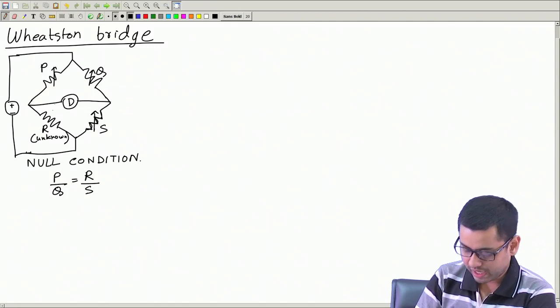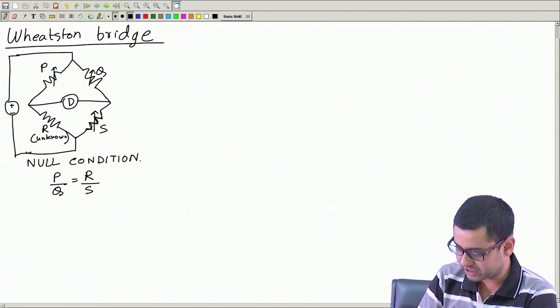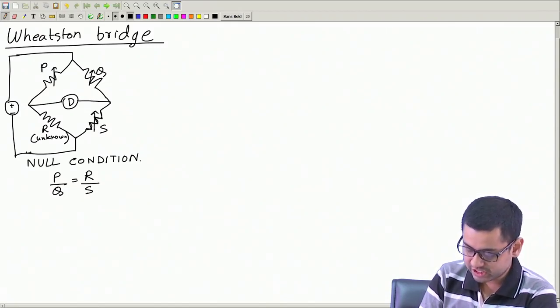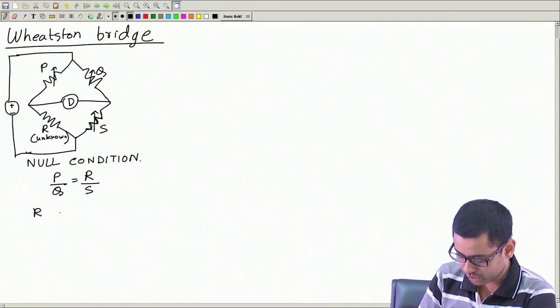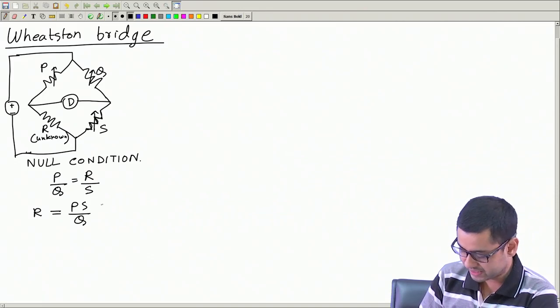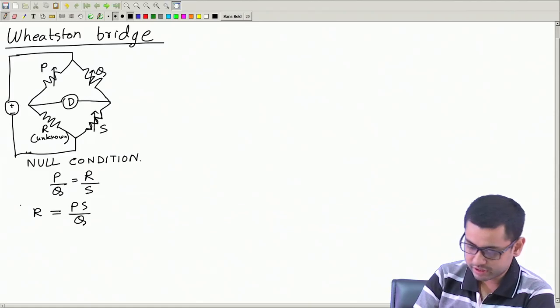R is unknown and these three resistances we can change, so that the null condition is achieved. The galvanometer shows no deflection, and then this balance condition is true, from which we can write R is equal to P S by Q, where P, S and Q are known resistances. So, we know these values, so R can be found. This is very simple.